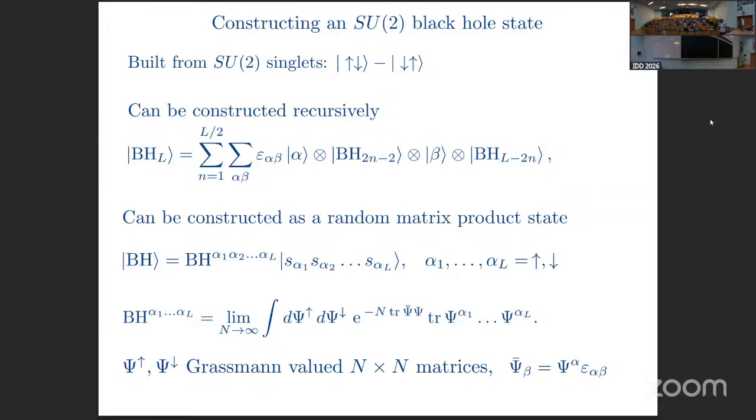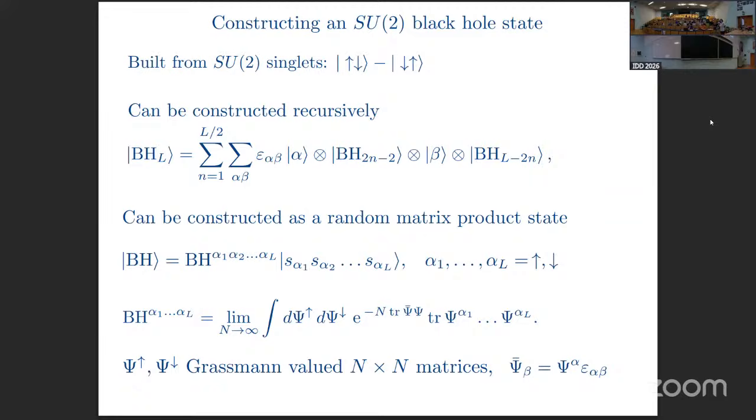Again, the black hole state can be constructed as a random matrix product state. So if you write it as a sum over all spin configurations, then your wave function components here can be given by the large n limit of a certain matrix integral. But this time, the matrix integral has to be over Grassmann valued matrices, because otherwise you cannot get this antisymmetric contraction to work up here.